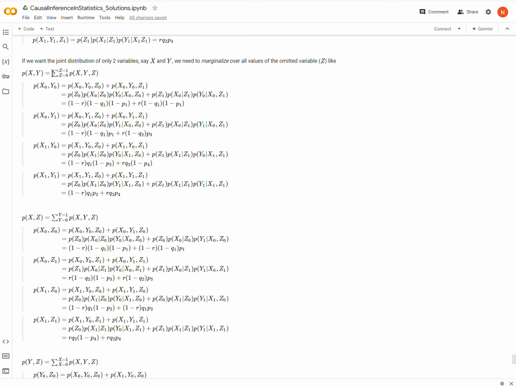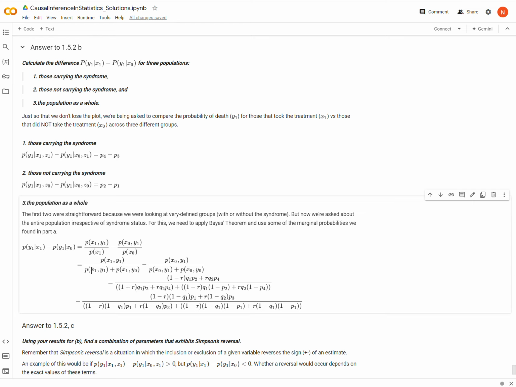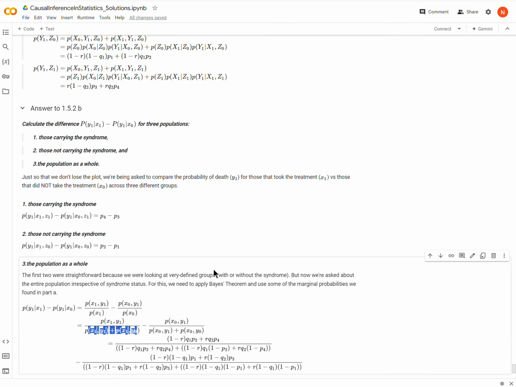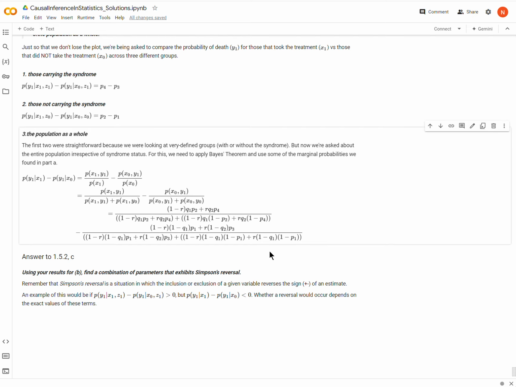And so just as we marginalized over z to get rid of z, I'm going to further marginalize over y to get just x by itself, okay? And so here we have x1 over both conditions of y, and then we have x0 over both conditions of y, okay? And we already have all of these in what we found above, and so we take what we found above and they get put in here. Okay, so it's a big long answer, but that's how you go about constructing it.